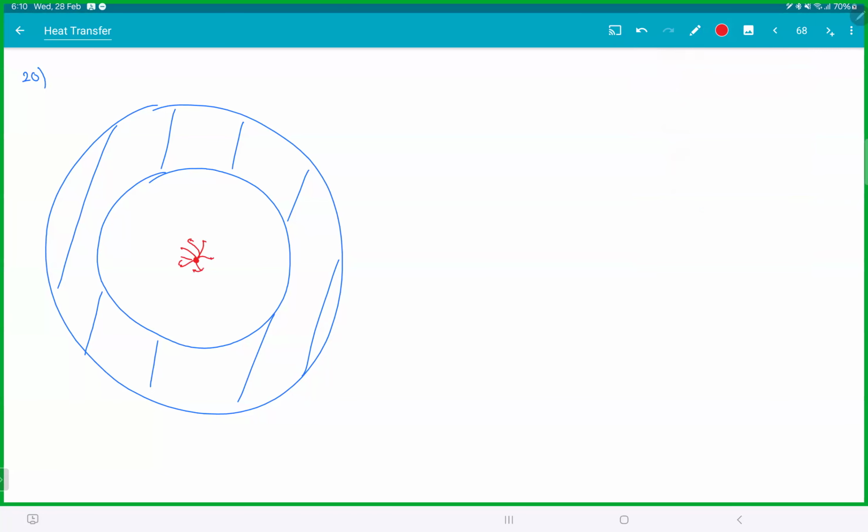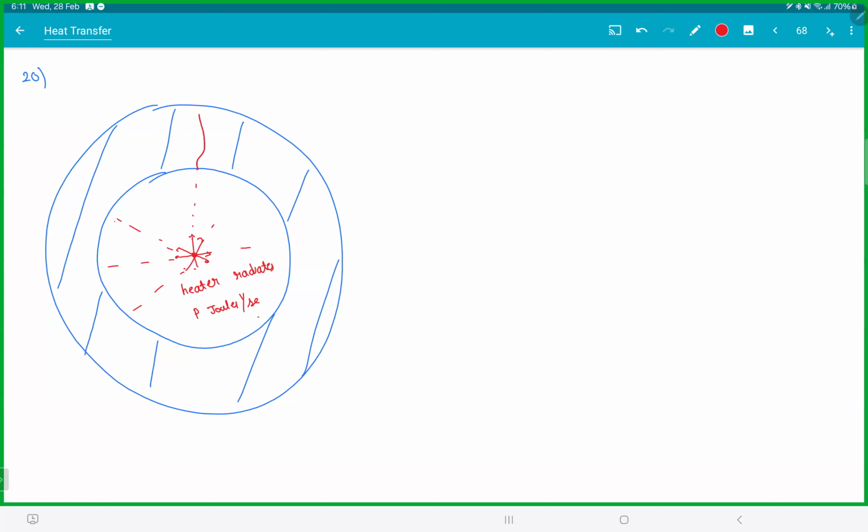It's a point heater which is emitting heat, in negligible dimensions. So this heat will go and fall on the inner surface. And then what will happen?